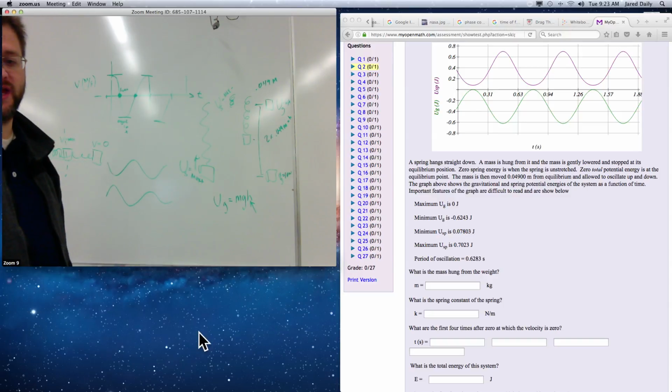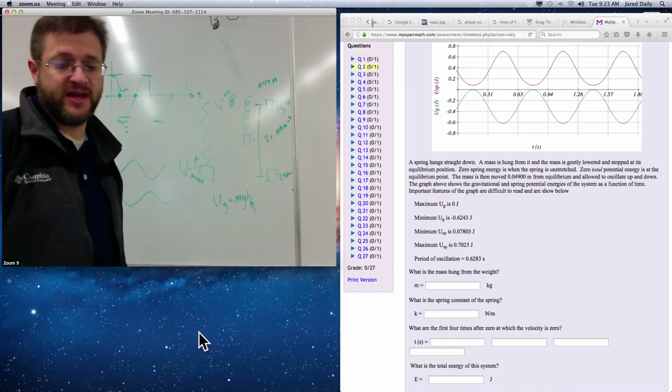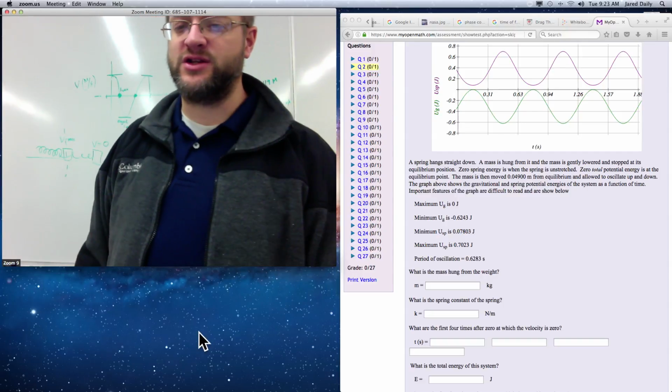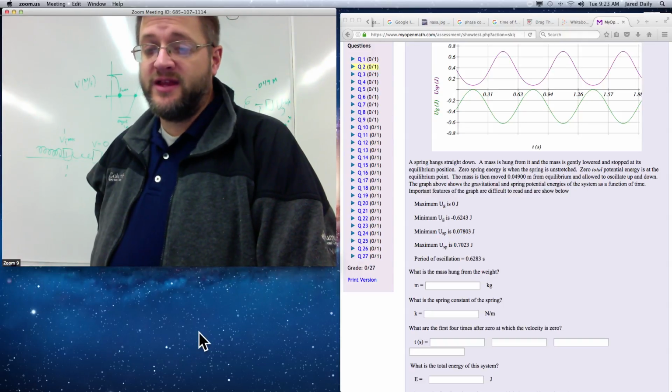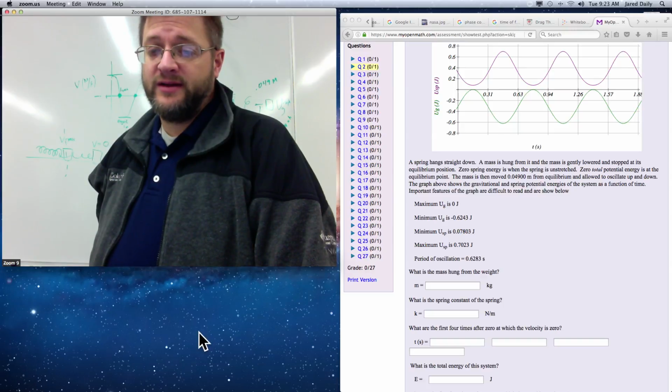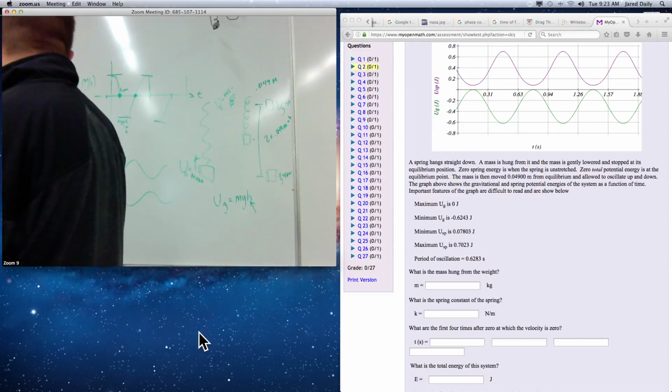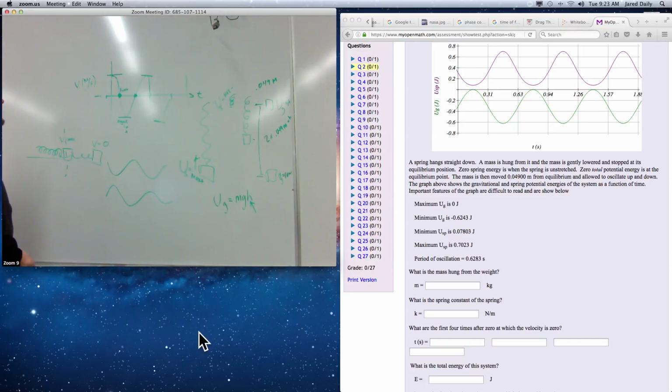Plug that in there, you'll get an h that'll turn out to be negative. Your h will be negative as well, so that your mass turns out positive. Then you plug in your mass. And then you use the same idea, except you don't use 2 times that distance, in the spring equation, which is 1/2 kx squared, where x is the 0.049.